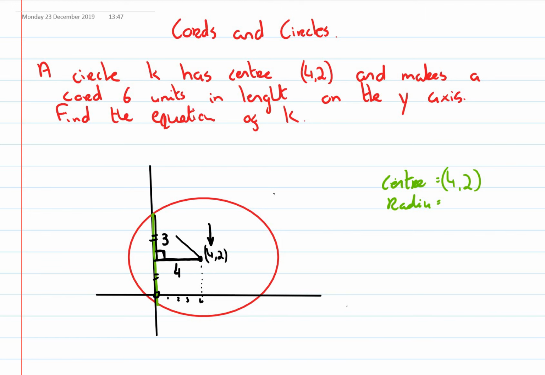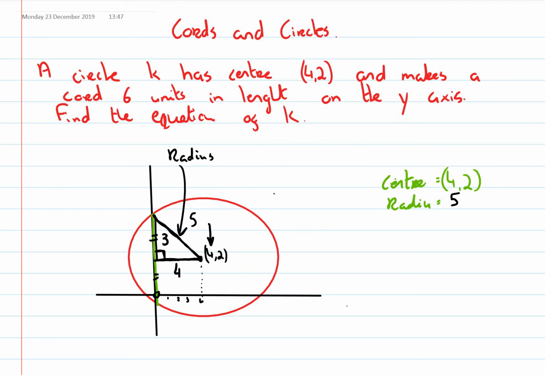Could I not use Pythagoras' theorem to get the diagonal, which is the hypotenuse, which is also the radius? Using Pythagoras' theorem, and you should know this answer anyway, that'll be 5. So the radius will be 5.